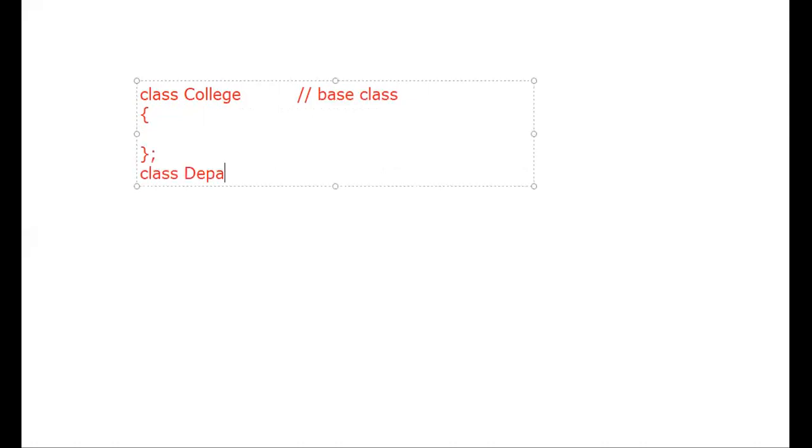Then the second one, class department, is going to inherit all the methods of that class. It is the second derived class.